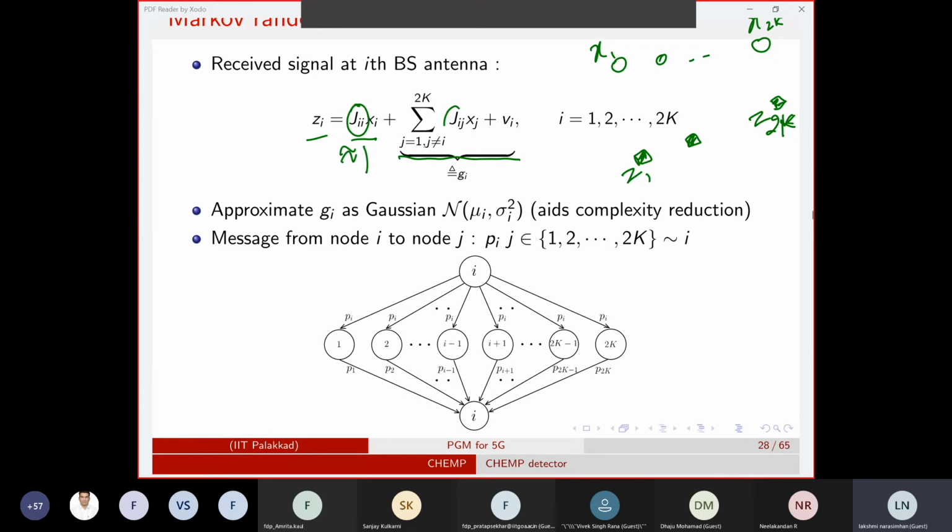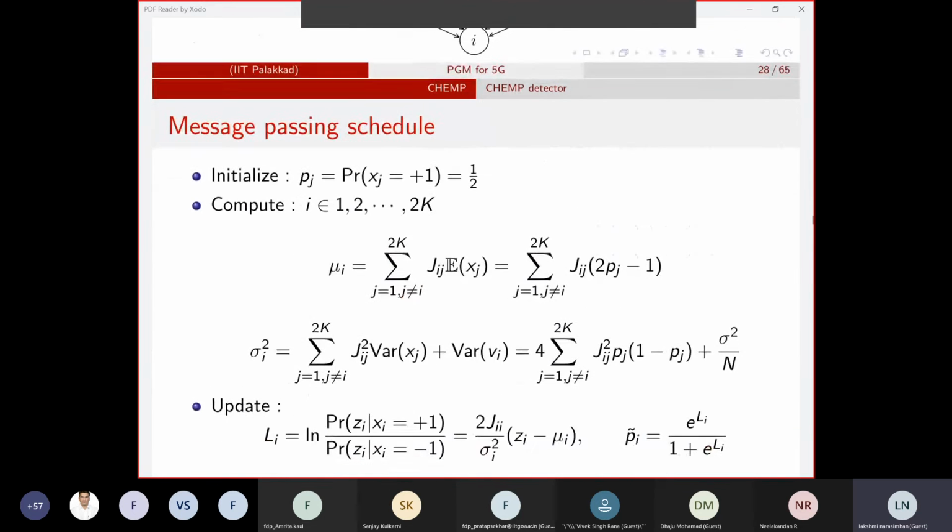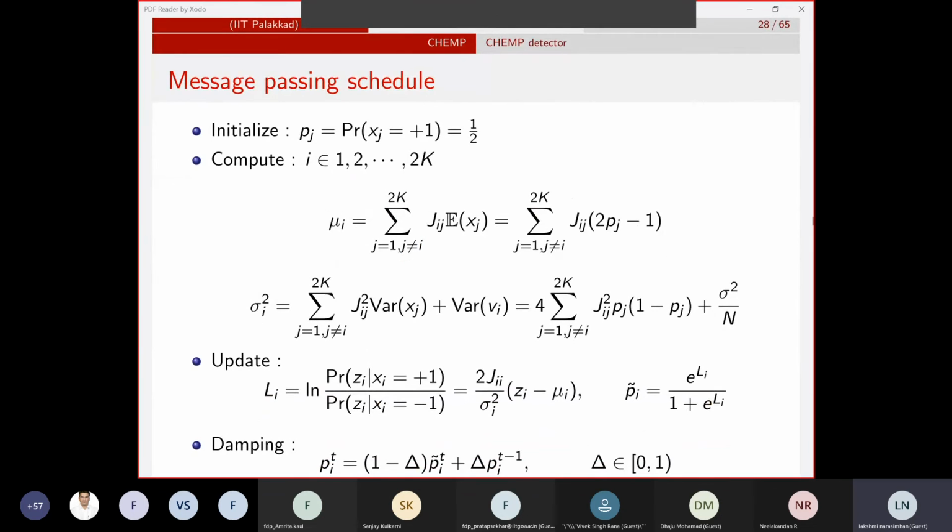What we need to identify is the statistics of this interference term. As before, we just need to estimate the mean and variance. Once we know the mean and variance, we are done with identifying the messages.